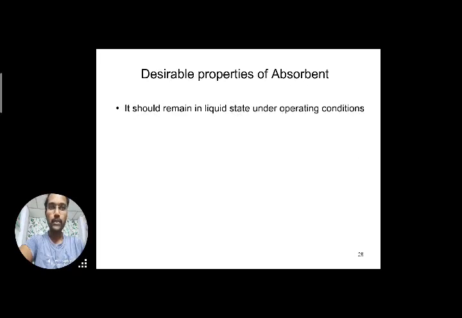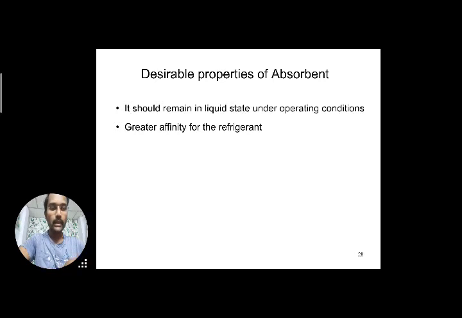Next, if you take the absorbent, like the example of water, it has its own properties. It should remain in liquid state under operating conditions. It should not get vaporized. Why? Because ammonia, with a little addition of heat, changes its state to vapor form.